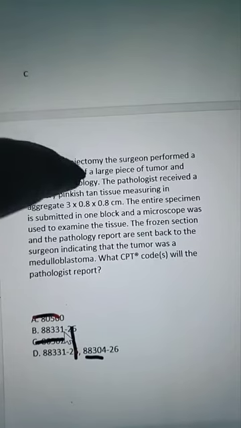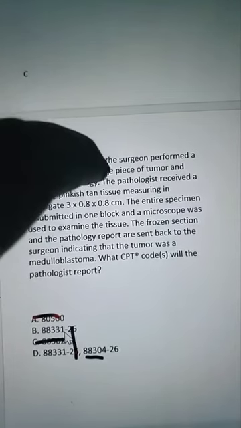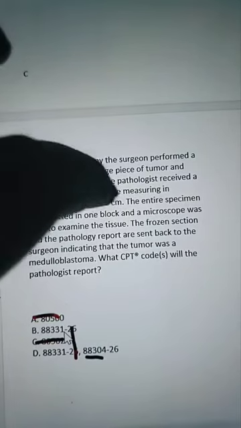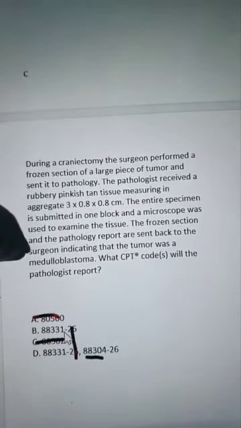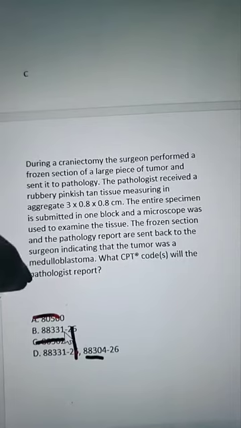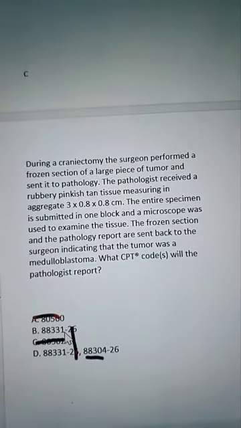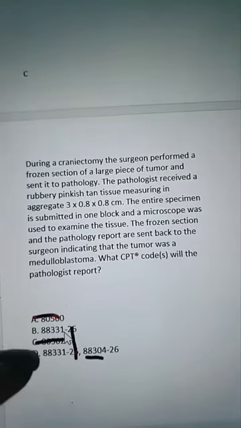And it looks like they just did a large piece tumor and sent it to the path. He measured it and examined it, and it looks like it's just one thing, right? I don't see that they removed two things. We just got one frozen specimen, and that's it. So wouldn't it be just B?